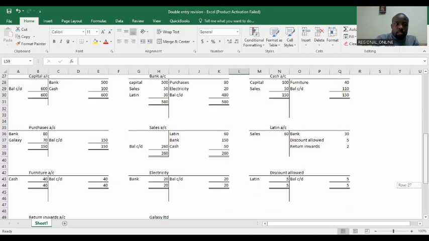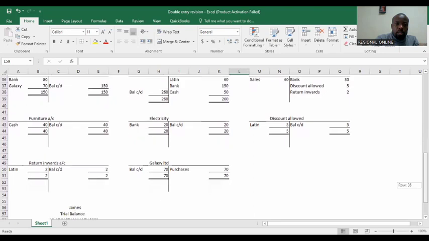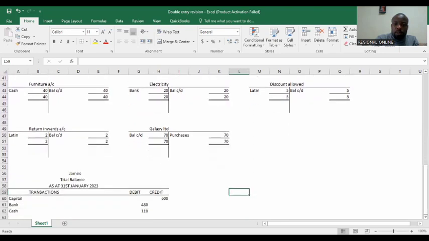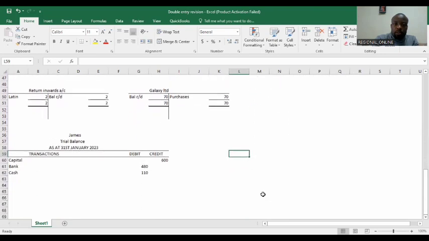Then the next one is purchases. The balance carried down is on the credit, so I bring it on the debit. So purchases, 150.